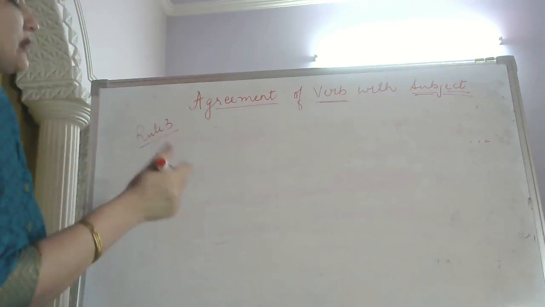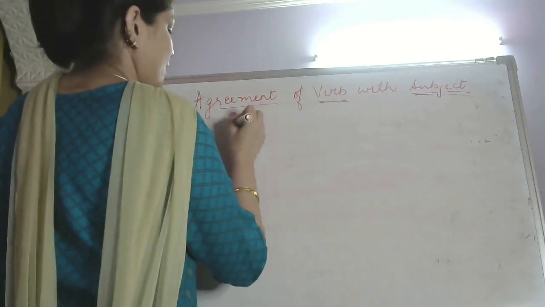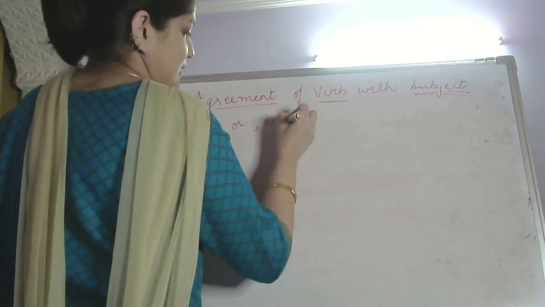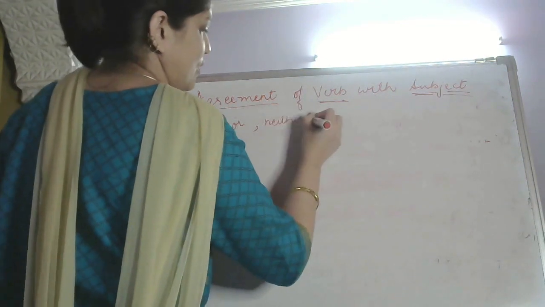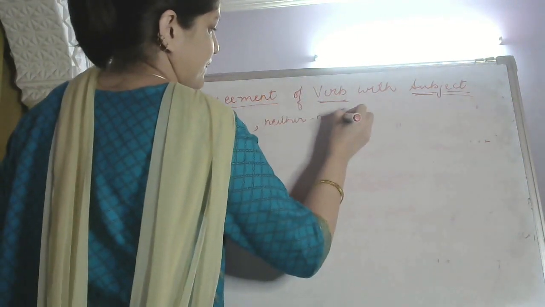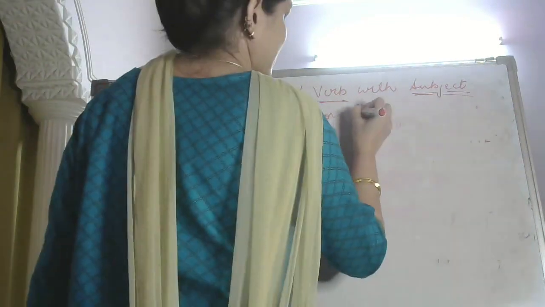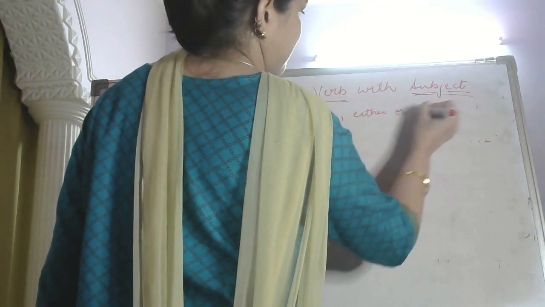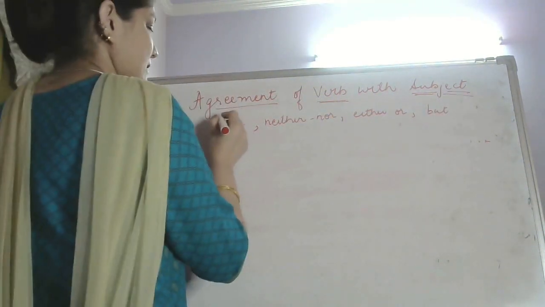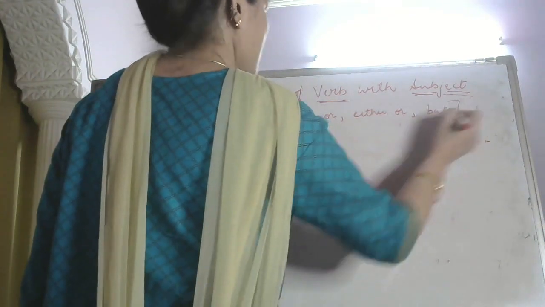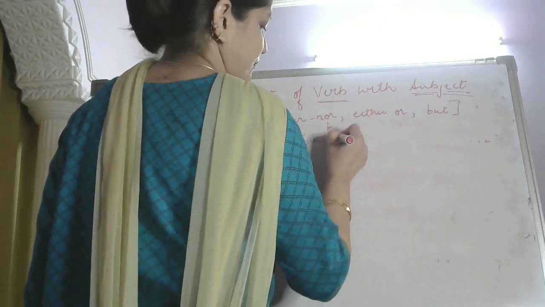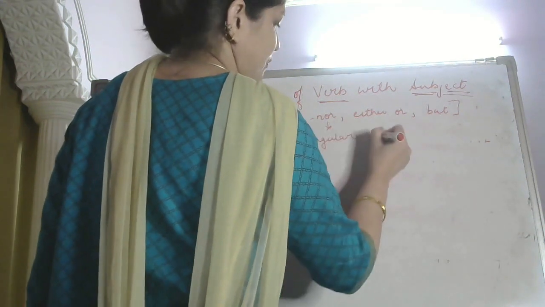For example, if two subjects are joined by or, neither nor, or either or, that means we will use a singular verb.